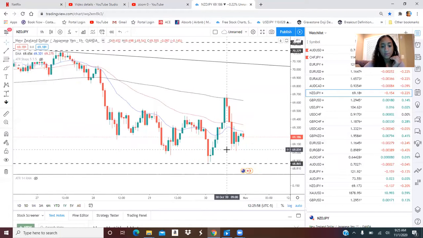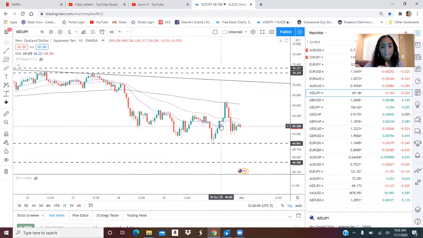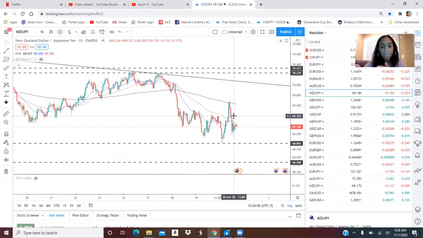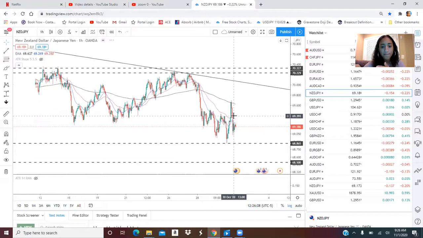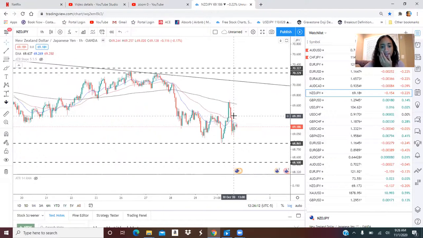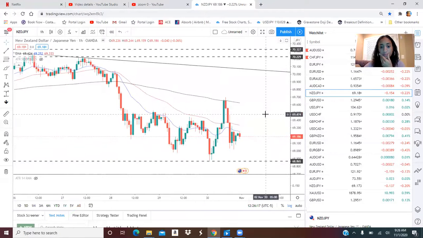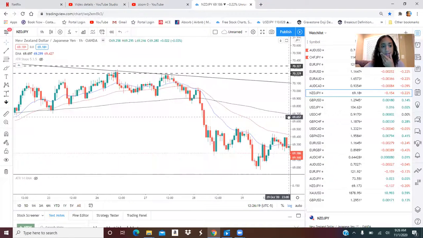Not only do we have a candlestick pattern, but it's obviously at an important structure, so I would definitely take this buy. Let's see where else.